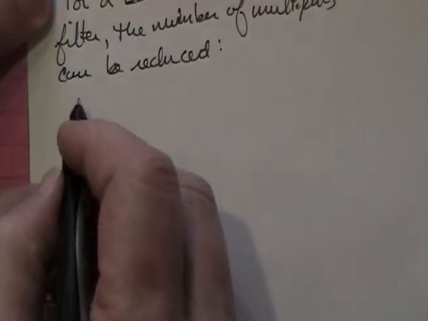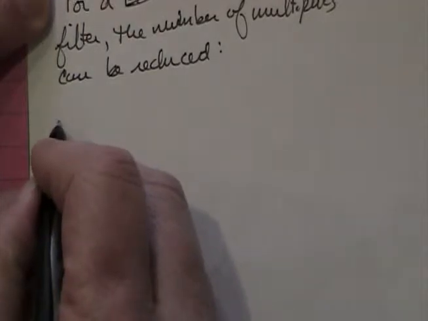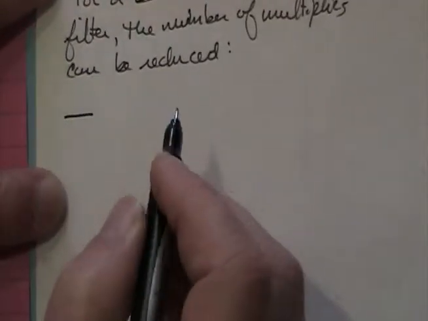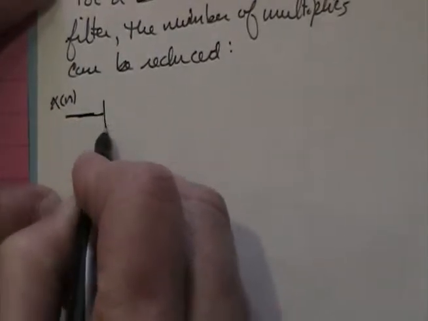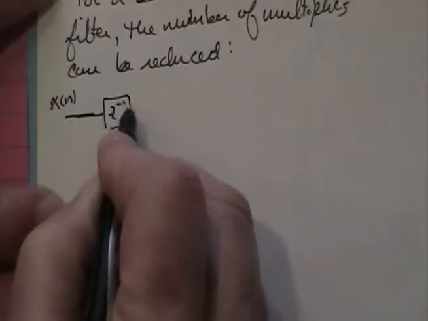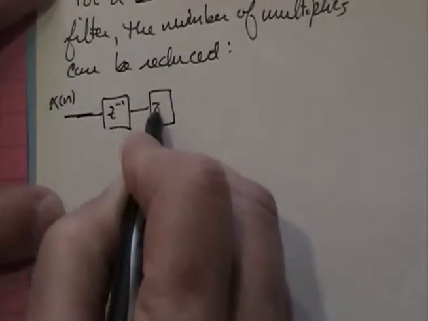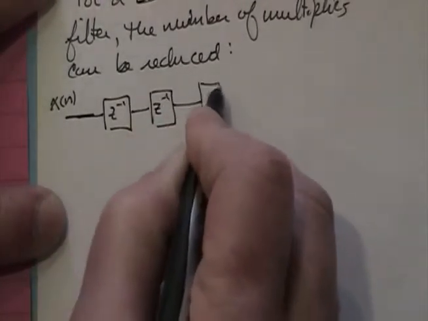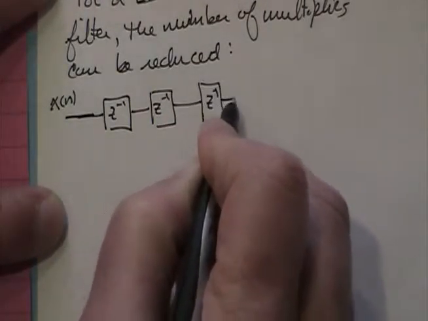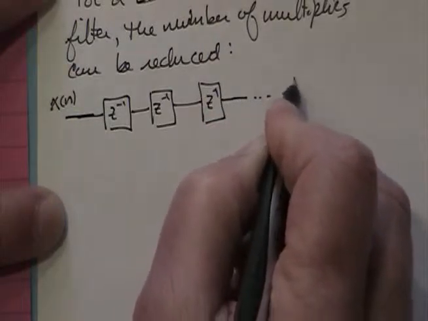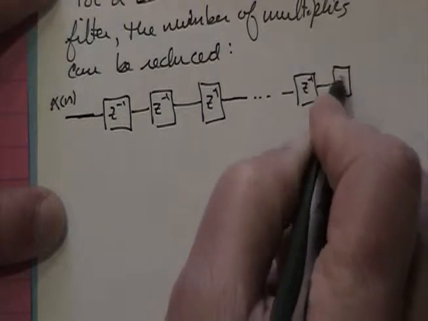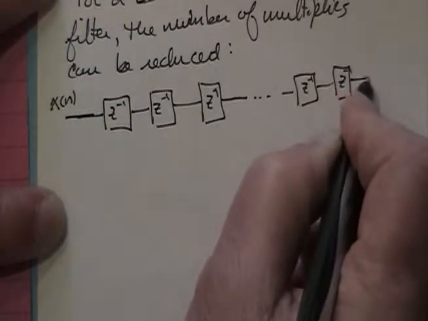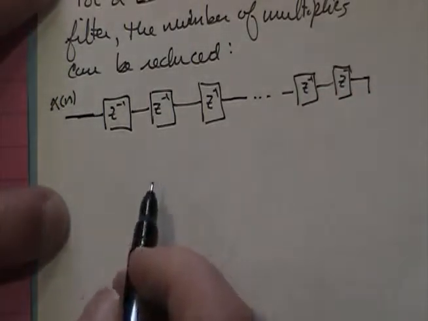So what I can do is start off on my tap delay line structure. This is my direct form again. I'm going to have x of n coming in, and just like I did before, I'm going to go through this sequence of delays. This is going to continue out until I get to the end of the filter, z to the minus 1, and minus 1, and so this is my delayed filter.